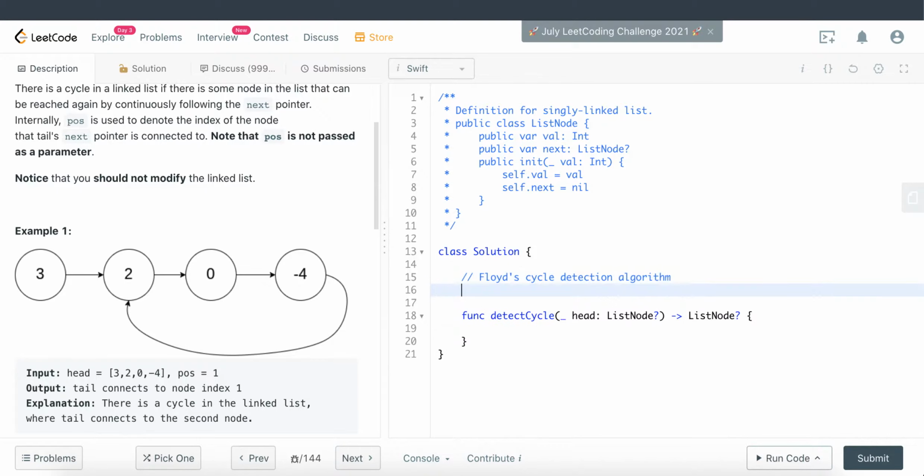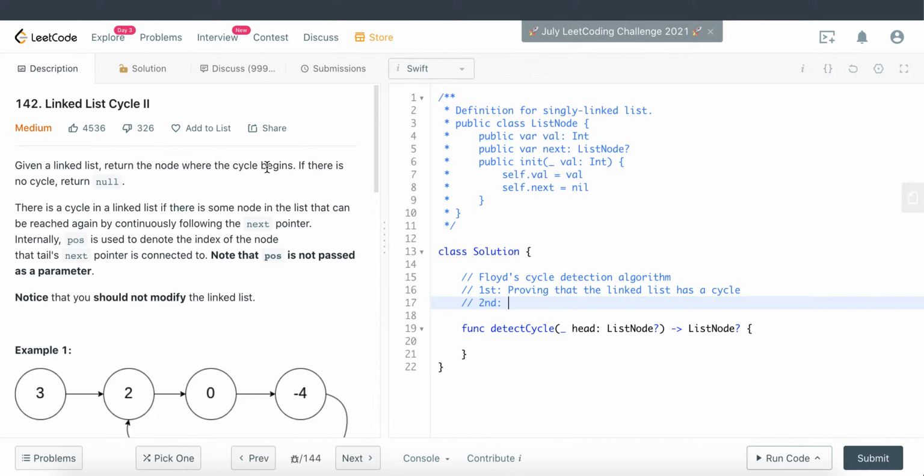The first part, which we saw in the first question, is proving that the linked list has a cycle, right? In this question, we are basically doing part 1 and part 2 together. We're supposed to find where the cycle begins, essentially finding the starting point of the cycle, or intersection, right?